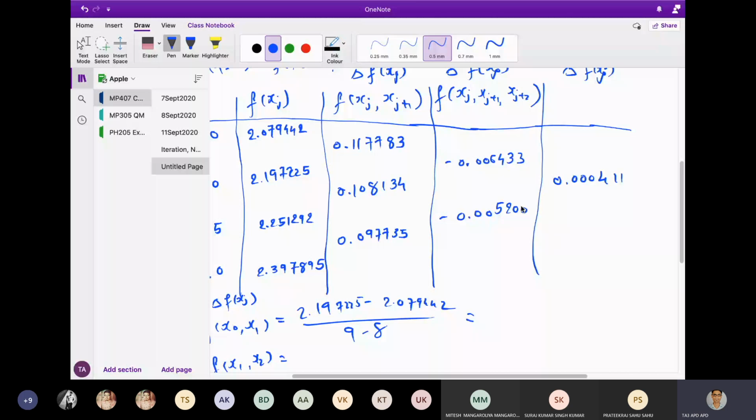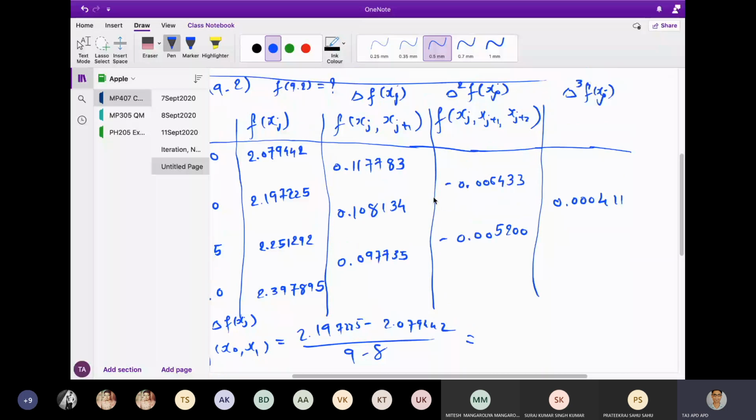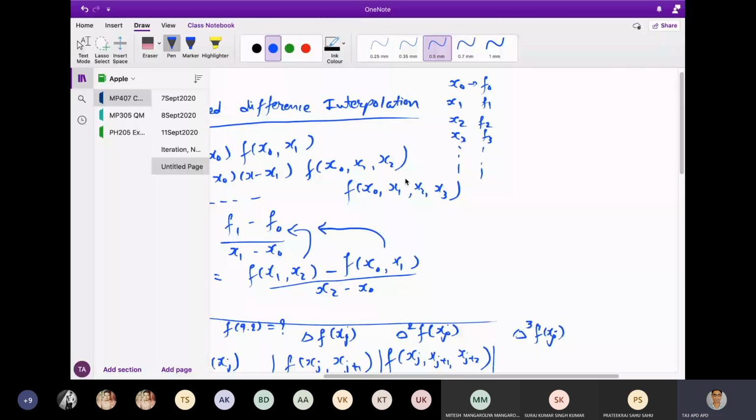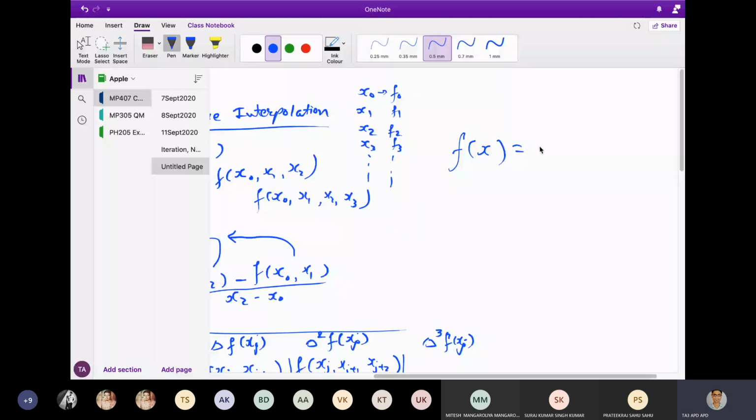Okay, so once you make the table, then you simply plug in the values in the equation. So I'm going to write down somewhere here f of x is equal to, first you will have f naught.